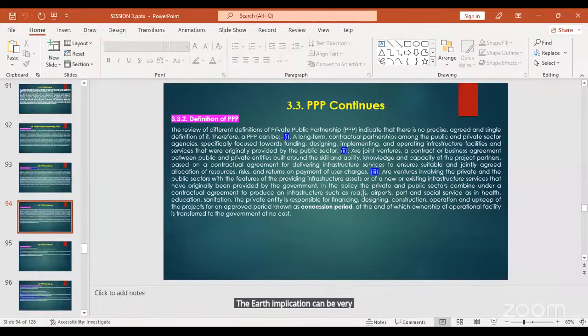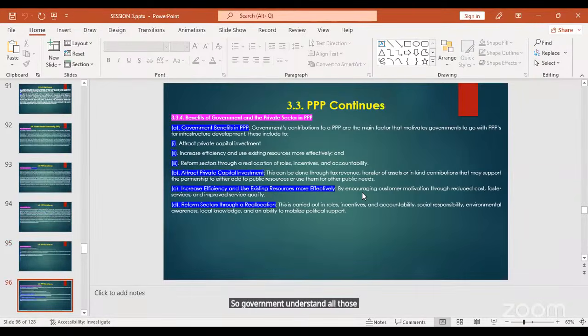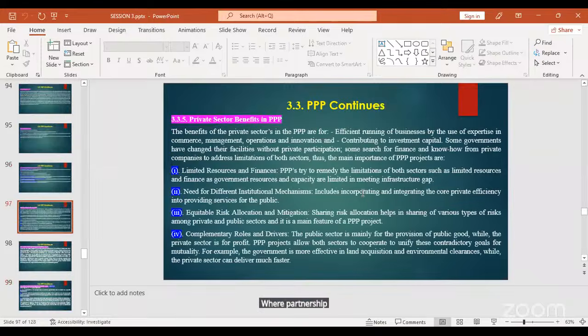So to have a healthy environment, you need partnership for waste disposal. Government understands all those strategic areas where partnership is required, but government does not have all it takes to run them effectively. Sometimes government may have money, but can they run it effectively?